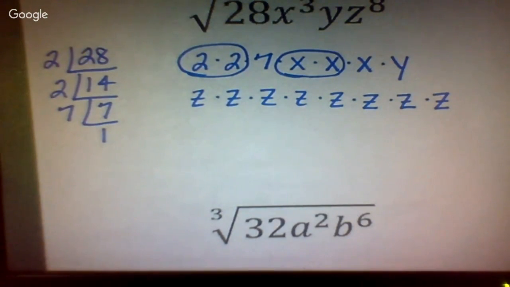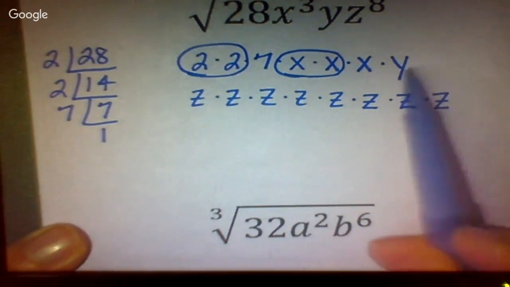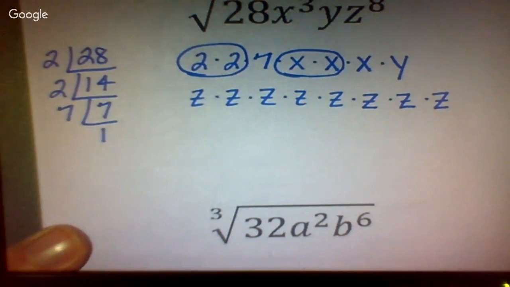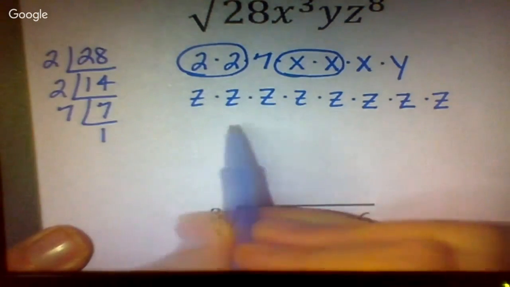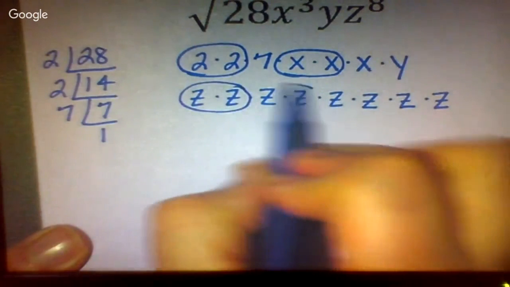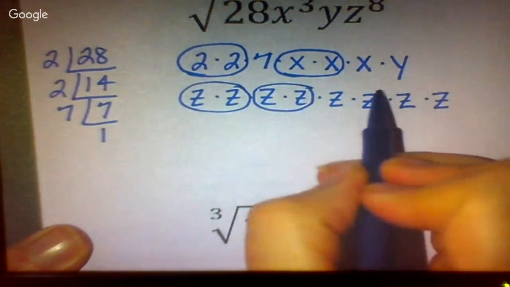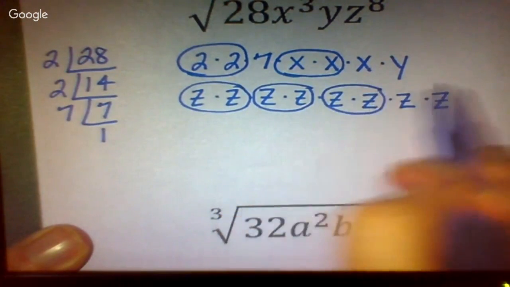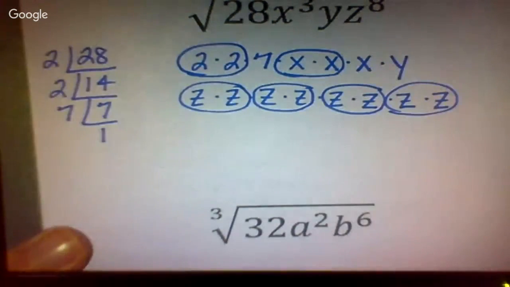Technically, I have 3, but I can only group in 2's. So that third one stays to the side. There's only 1 y, so we have to skip it. My z's, I've got a group of 2 here, another group of 2, another one. I've got 4 groups of 2's.